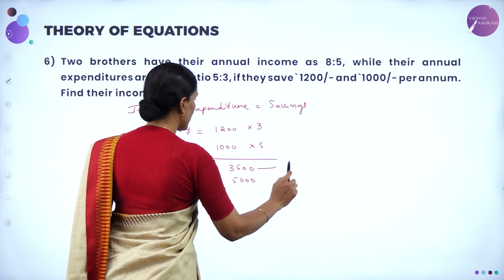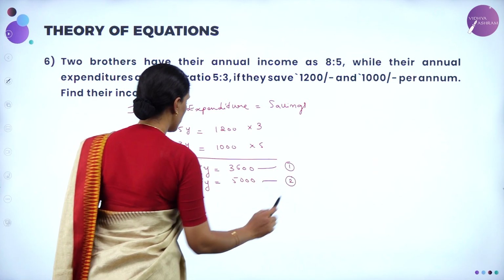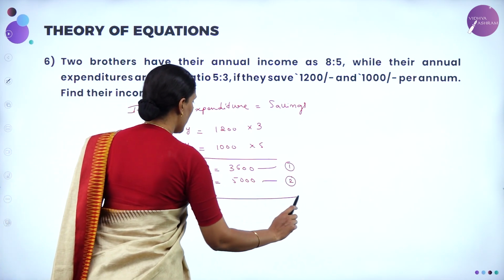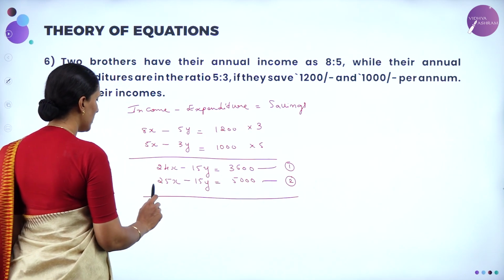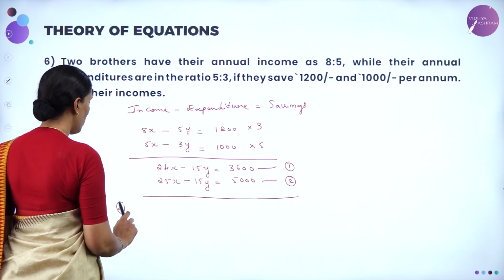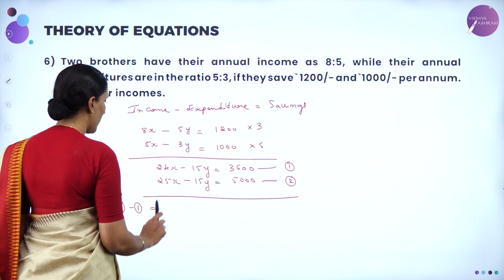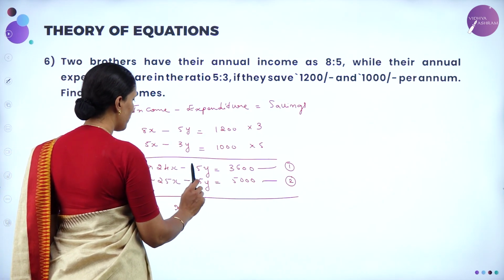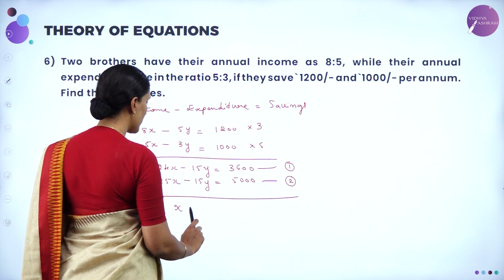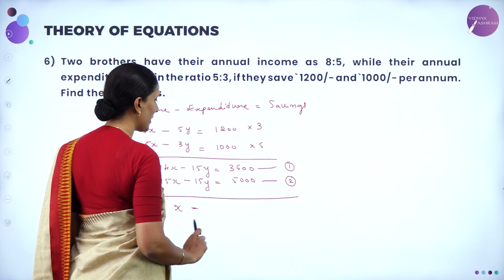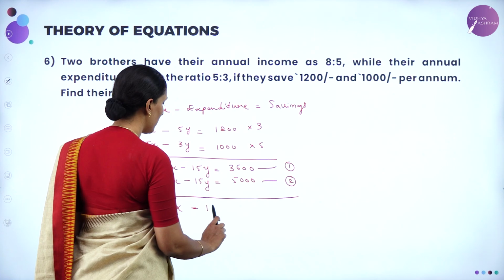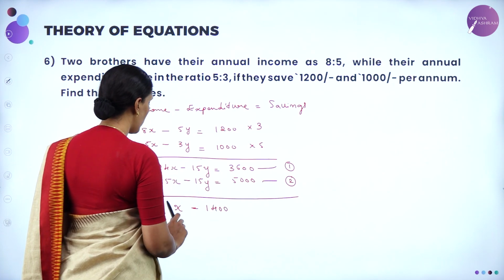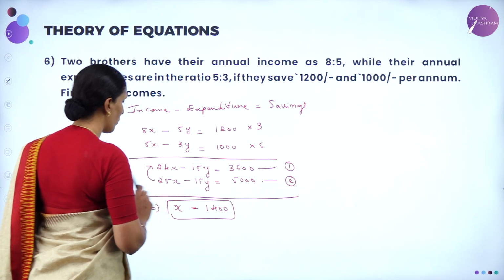So let me take this as equation 1 and this as equation 2. So I'll subtract here, that is equation 2 minus equation 1. 25 minus 24 is x, minus 15y plus 15y cancels. 5,000 minus 3,600 will become 1,400. So therefore x is equal to 1,400.